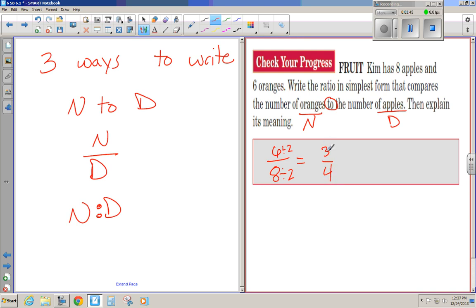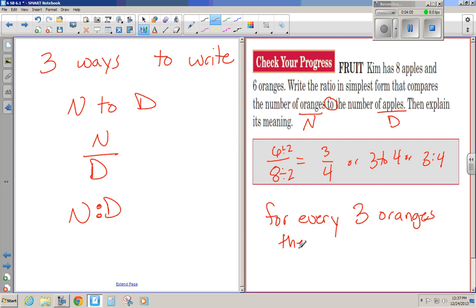So this means 3/4, or 3 to 4. And it means for every 3 oranges, there are 4 apples.